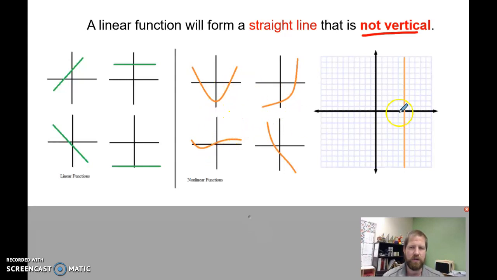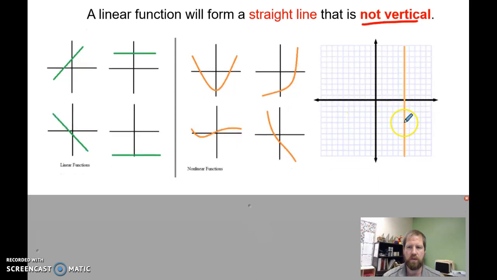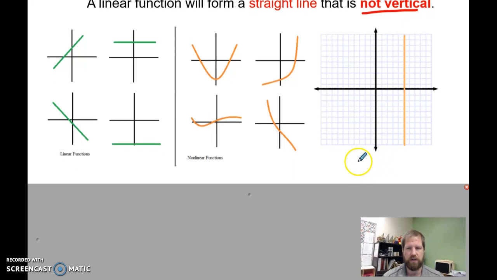That's not a linear function. But this is the case, this is the kind of outside of the norm case where you have a straight line. Okay, this is a linear equation, but this is not a linear function.